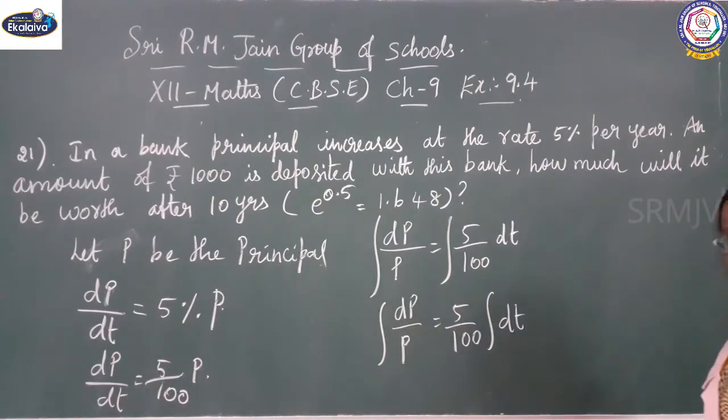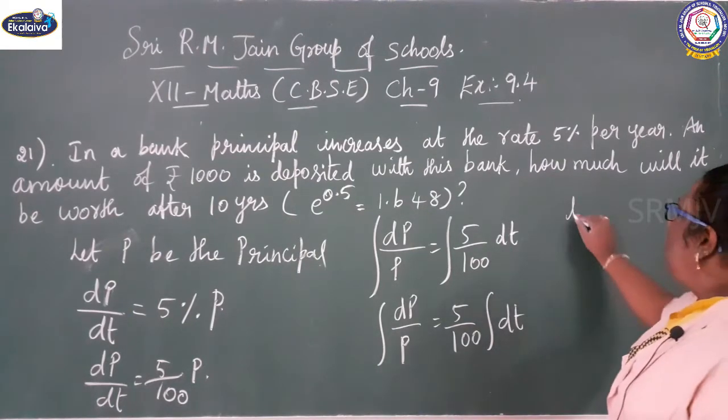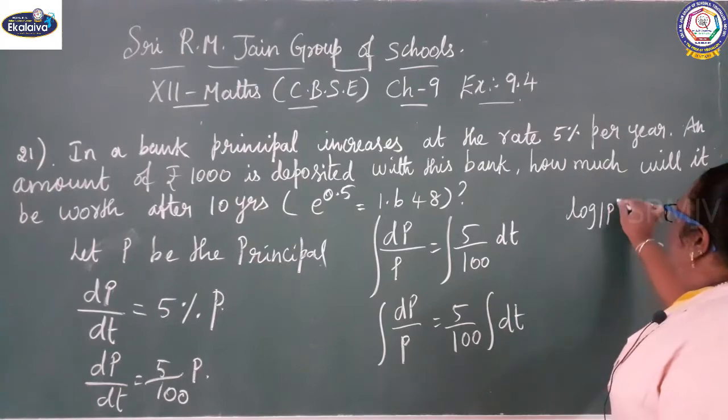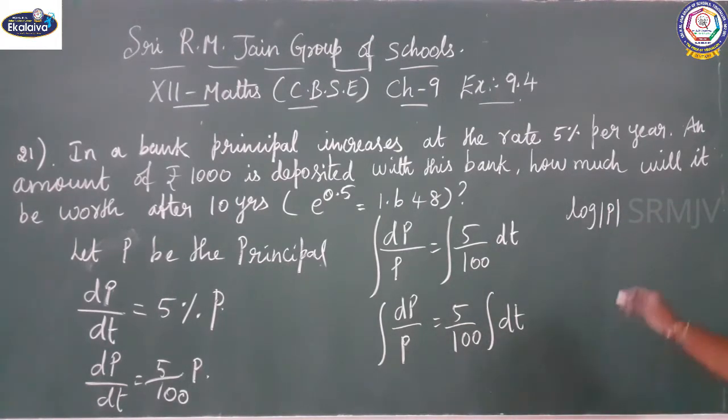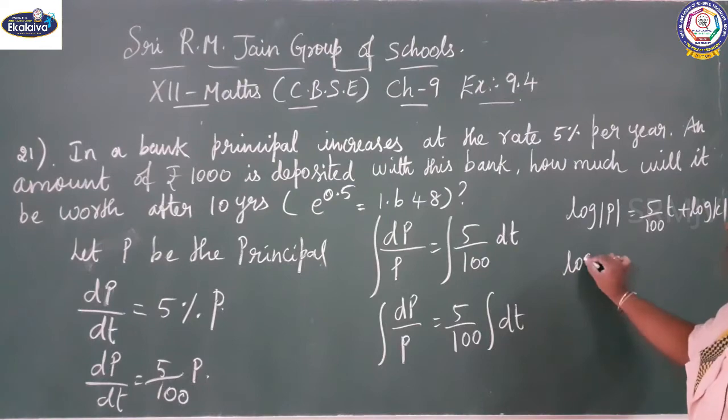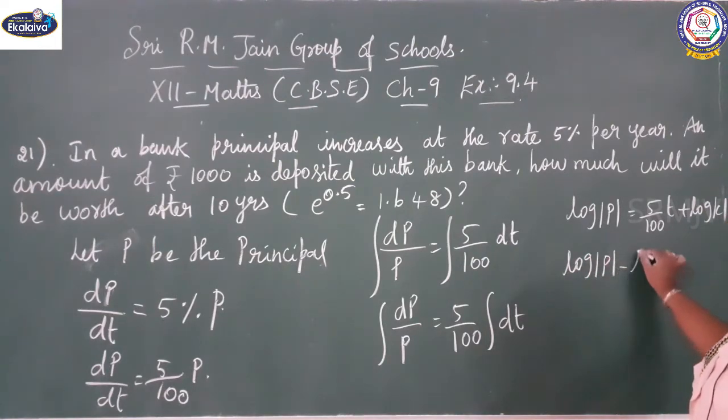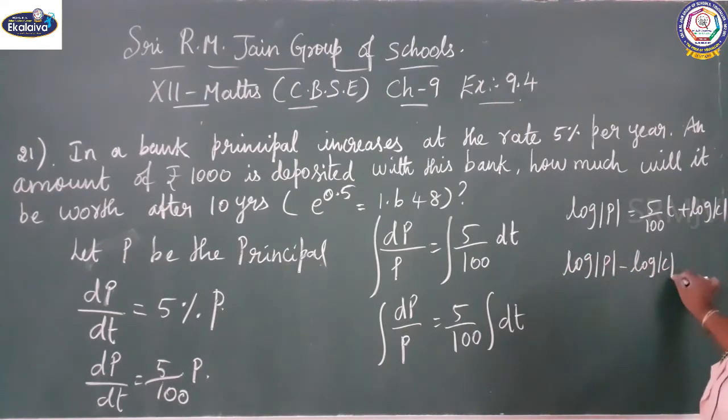So dP/P integrates to log of mod P. Log of mod P equals 5/100 into integral dt. Integral dt is t plus log of mod C. So log of mod P minus log of mod C equals 5/100 into t.